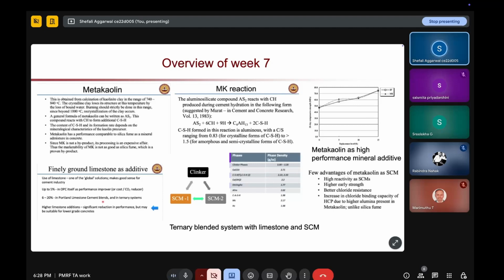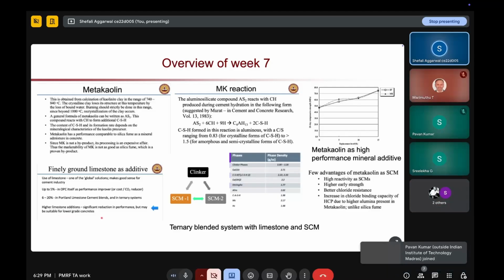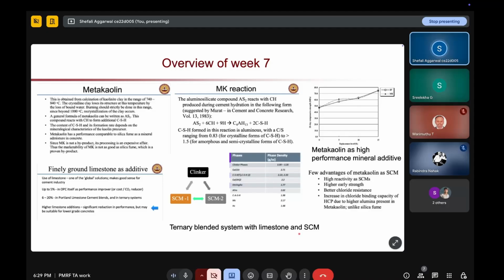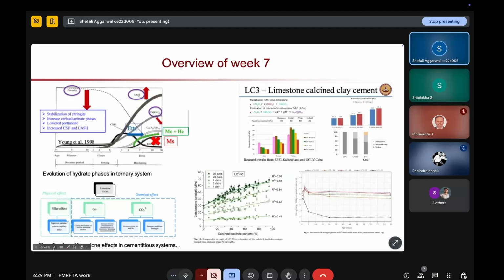What will happen if we increase the limestone addition? Our performance or strength will reduce, but if we are preparing low grade concrete, it will be a good alternative. If we talk about a ternary blended system, we can have lime, our normal SCMs, and cement, and the third thing is limestone, which will act as a binder.